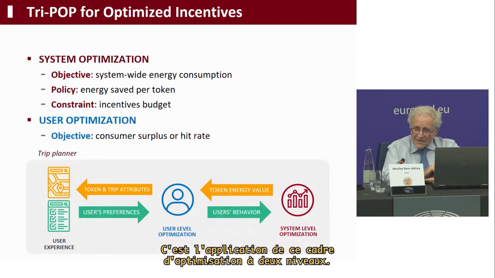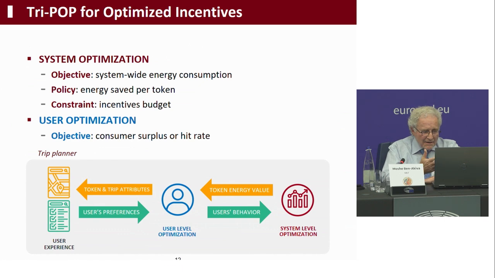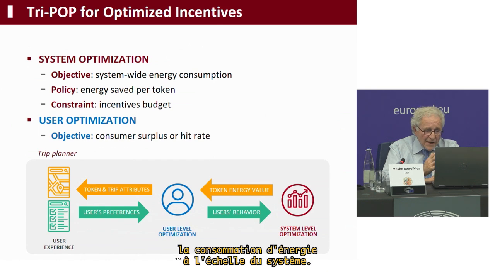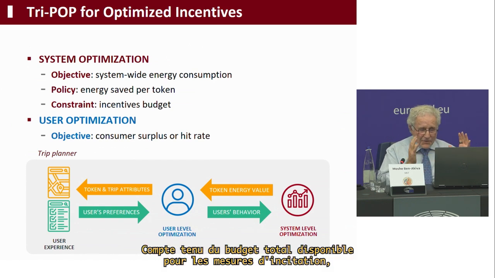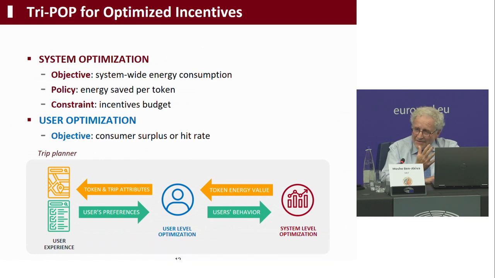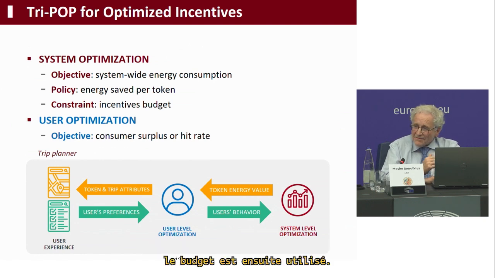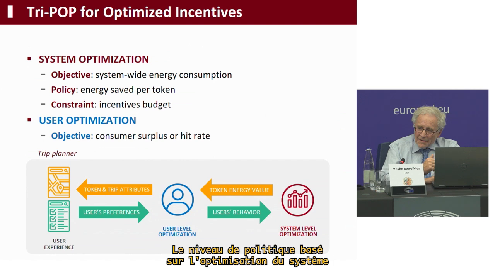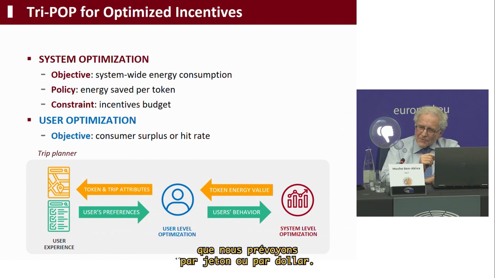So that's the application of this bi-level optimization framework. At the system level, the objective is to minimize system-wide energy consumption, given a total budget available for incentives. The policy level, which is based on the system optimization, is how much energy we expect per token or per dollar.